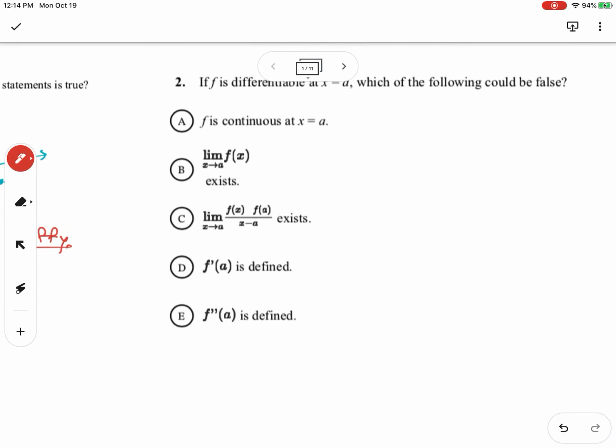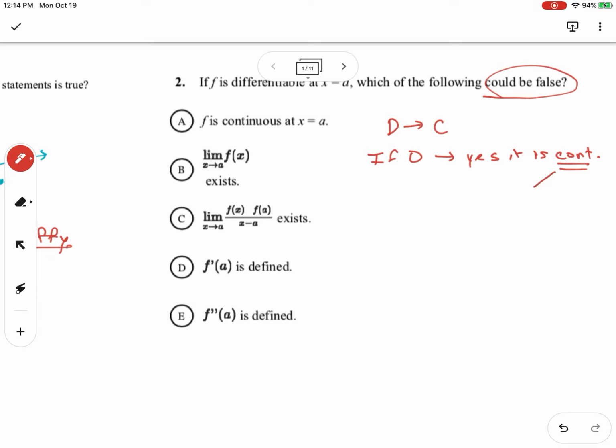Okay. Number 2. If f is differentiable at x equals a, which of the following could be false? So I'm looking for a could-be-false situation. Now I remember that differentiability implies continuity. So if it's differentiable, then it has to be continuous.